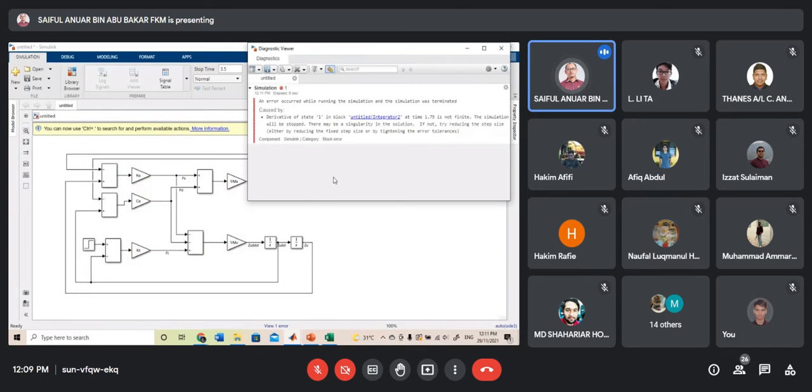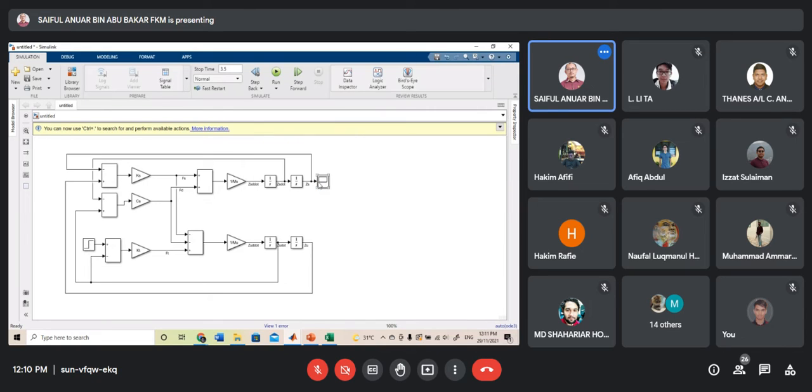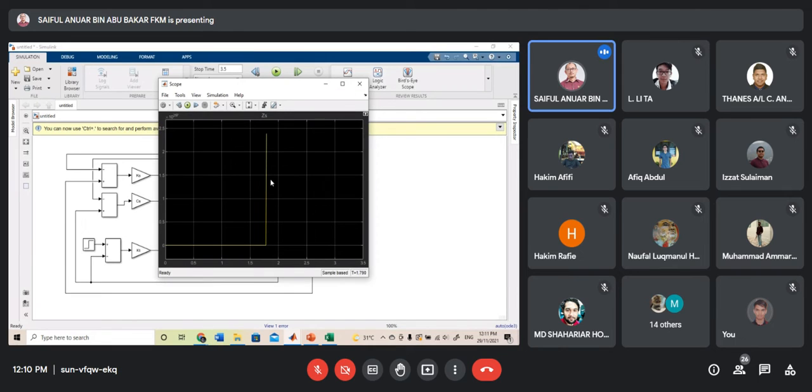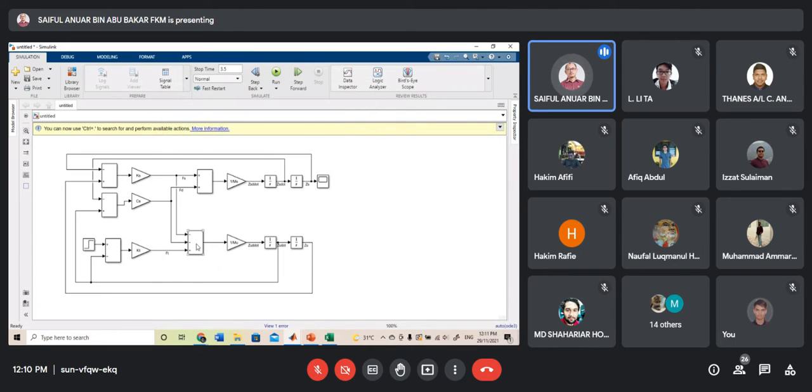Dia tak ada, kita tengok result lah. Ya, ada error lagi kat sini. Okay, dia ada error kat sini lah. So, kalau ada error kat sini, kita akan check lah dia punya sign.